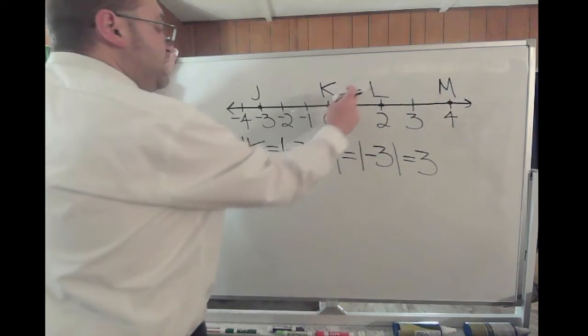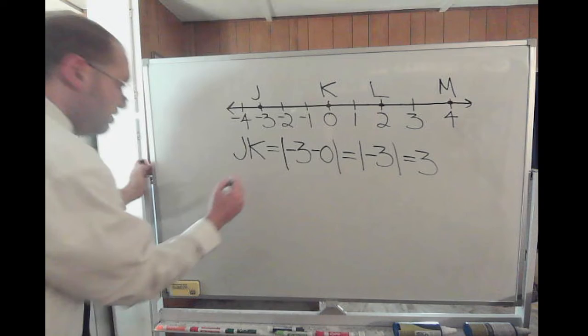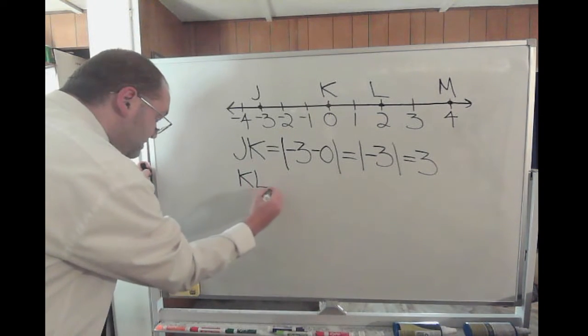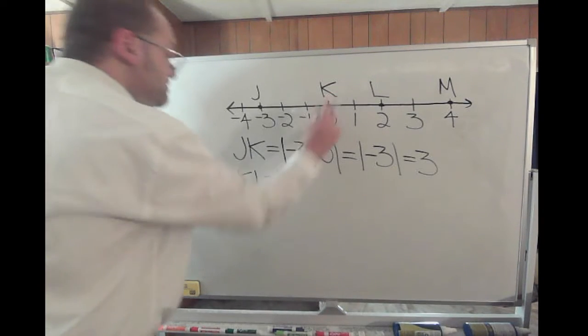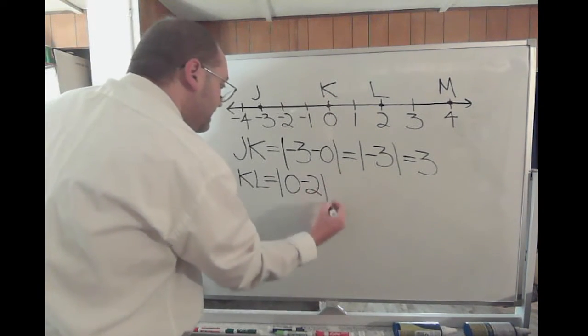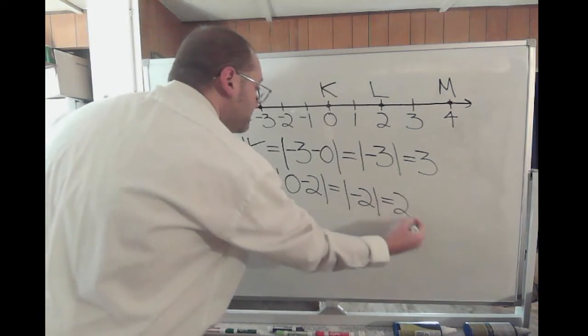Then let's say I want to find the length of KL. KL is going to be equal to the absolute value of 0 minus 2, which gives me the absolute value of -2, which simply gives me 2.